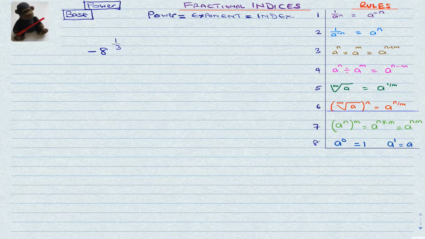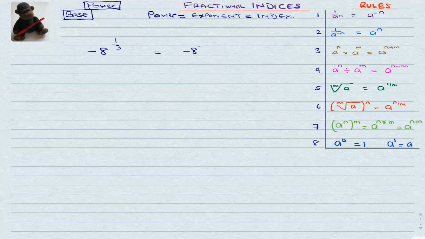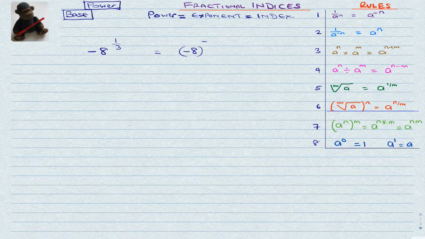Again, you might be confused by the fact that minus 8 is to power 1/3. But remember, whenever you have a minus in front of a number, it's usually better to put it into a bracket and then do your calculations that way.